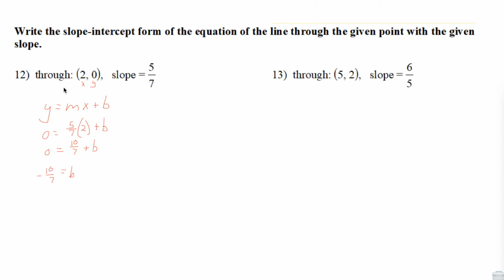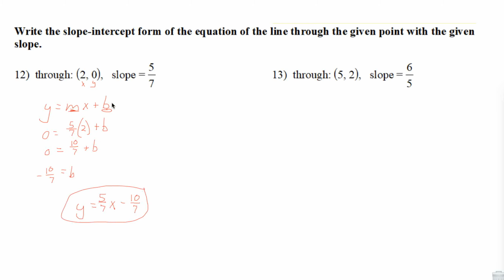Now, for slope-intercept form, we needed the slope, which we had to start with. We were just able to find b, so now we can plug in: y equals 5/7 x minus 10/7, or plus -10/7. Either way is fine. There's the equation of that line.